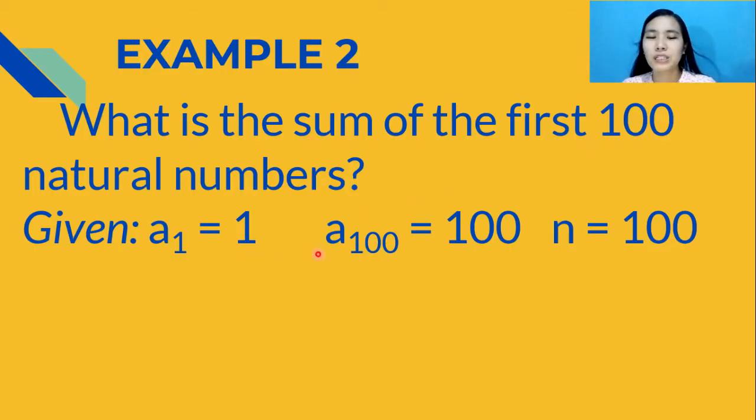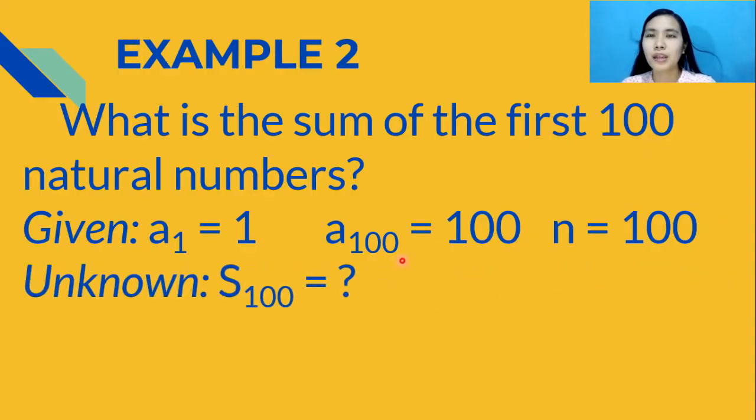So after 1 until 100, those are the first 100 natural numbers. That's why we have the first term and the last term as 1 and 100 respectively. And our n would be 100 because of the first 100 natural numbers. The unknown here would be the sum of the 100 terms, or the S sub 100.